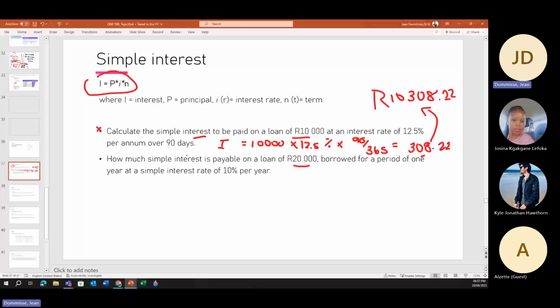So again, we could say that is the simple interest, but let's look at another formula that we can use: interest, or R times N.